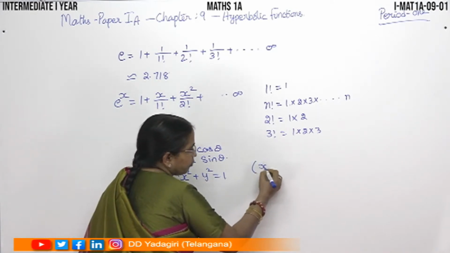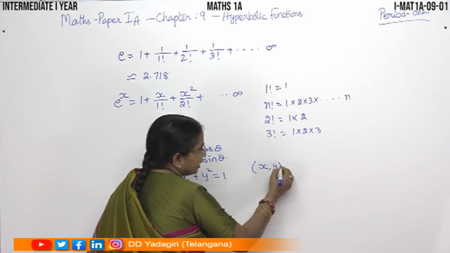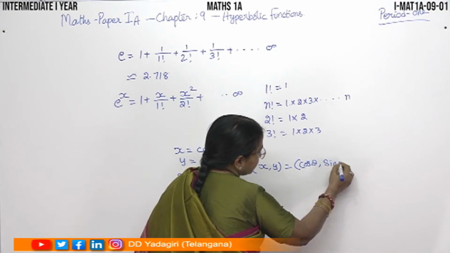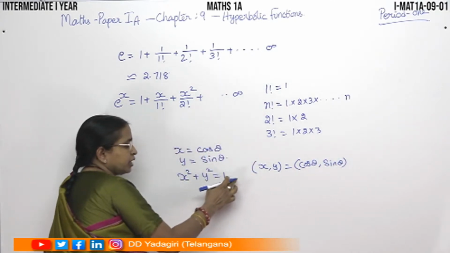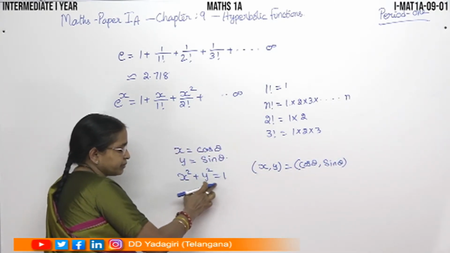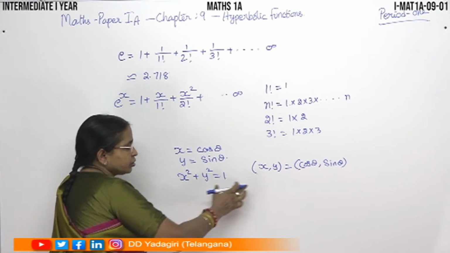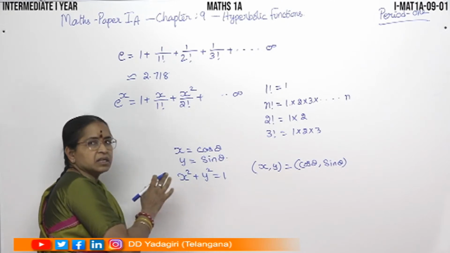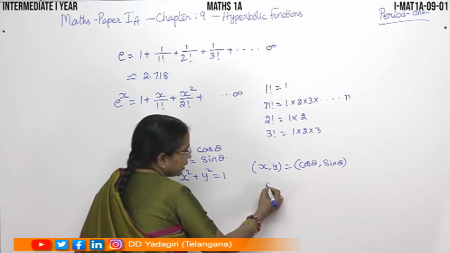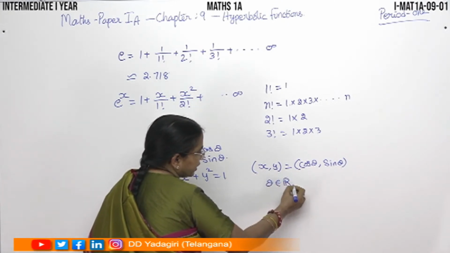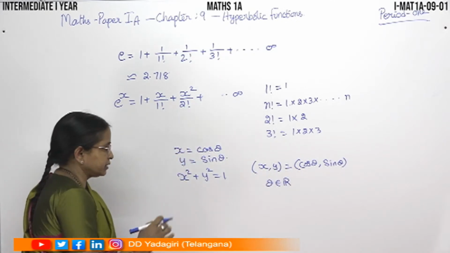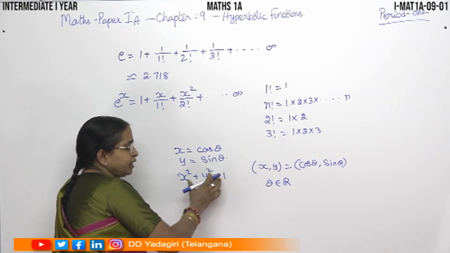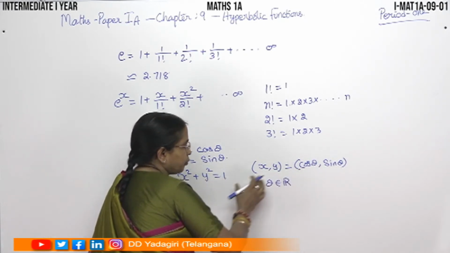So the point (cos theta, sin theta) is the most general point which satisfies this equation. This point always lies on this circle. This represents a circle, and here theta is any real number, which represents an angle.